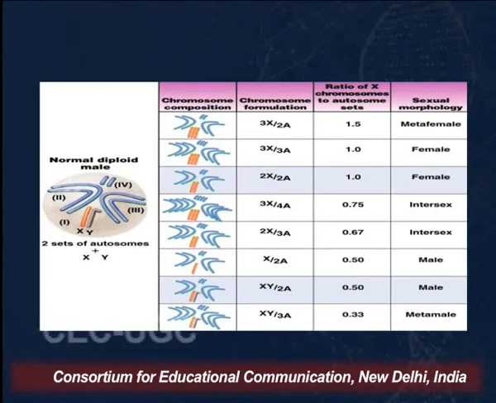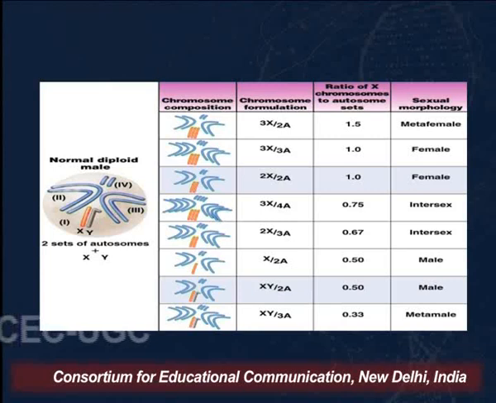Please pay attention, right from the top it happens to be 1.5 and then it is 1. Where it is 1, then it is a female, and again 1, it is a female. But then if the proportion becomes more than 1, then it becomes a super female or a meta female. Let us go down. If it is 0.75, which is of course less than 1, it is an intersex.